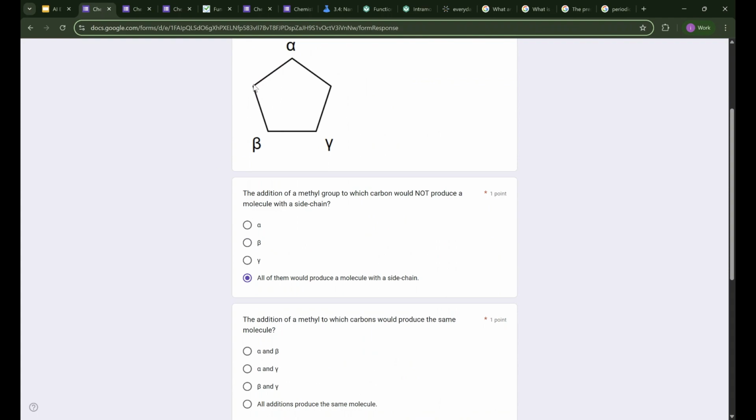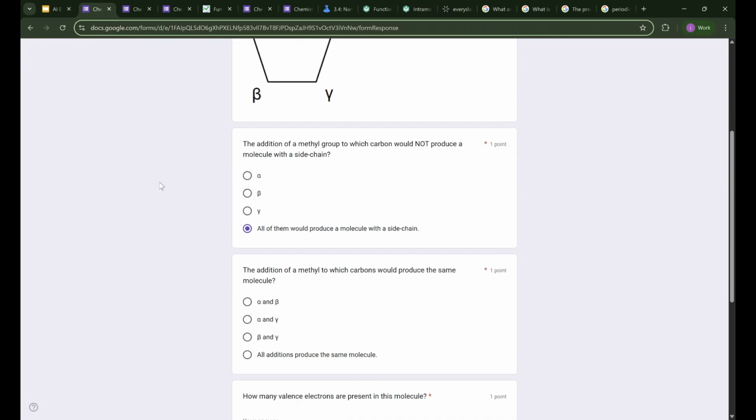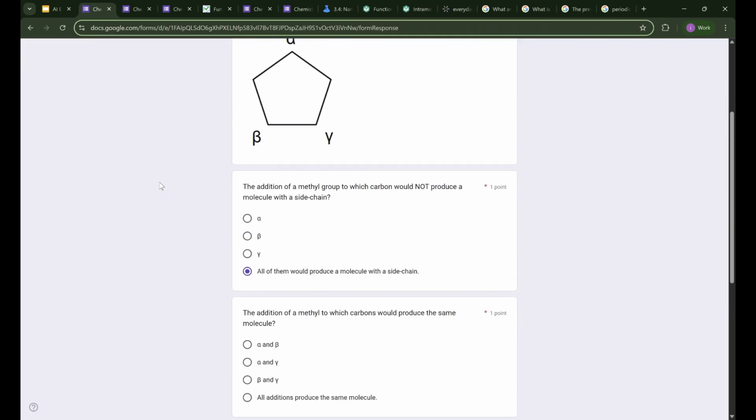So I don't think it's going to produce the same molecule. But this question I feel is a little vague, so I'm not understanding exactly what it's getting at. What does it mean by same molecule? Same as it originally was, which is not going to happen because you're adding a methyl, or same as in, if you added at A, would it be the same as adding it at B?